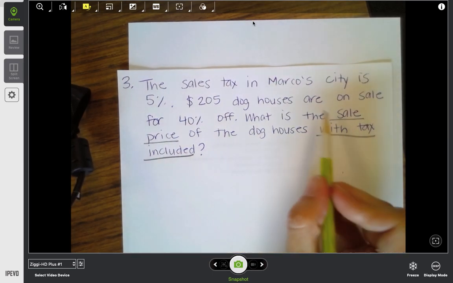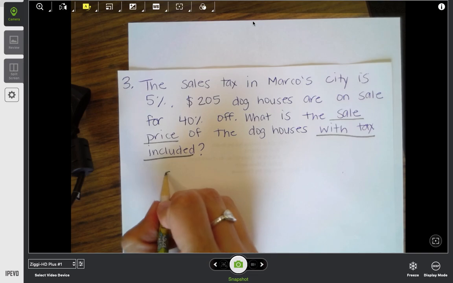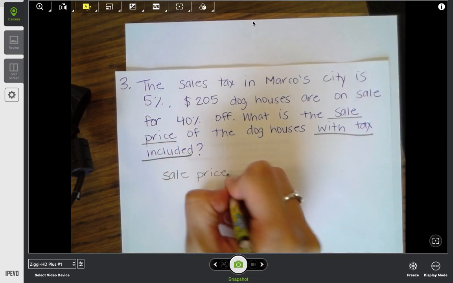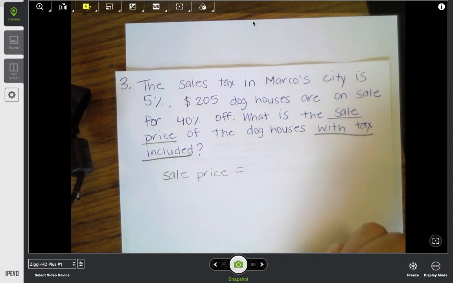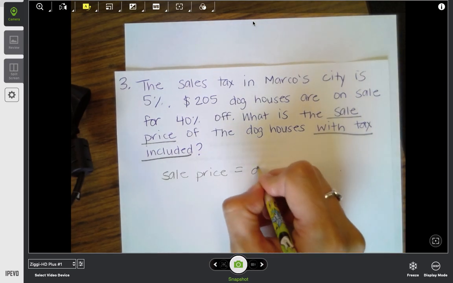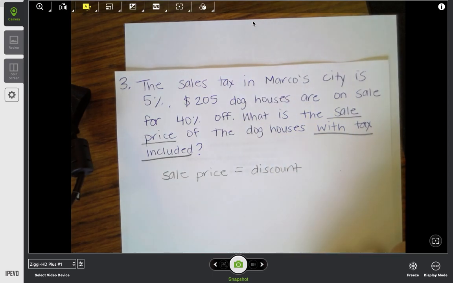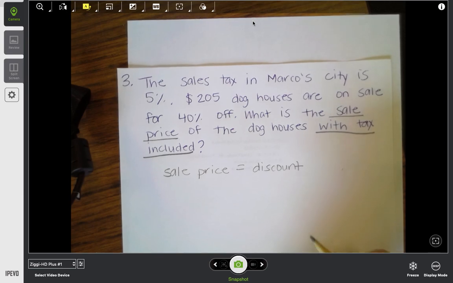Okay, so when I think about a sale price, that means that there's a discount, right? There is a discount off of the original price.